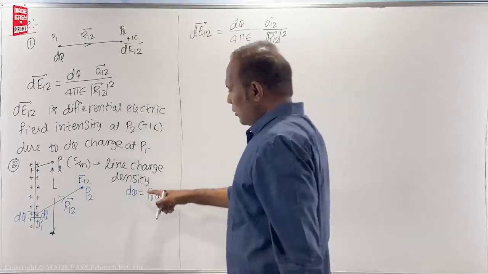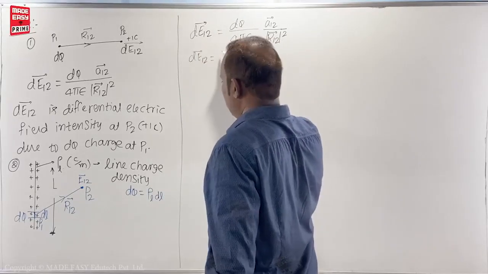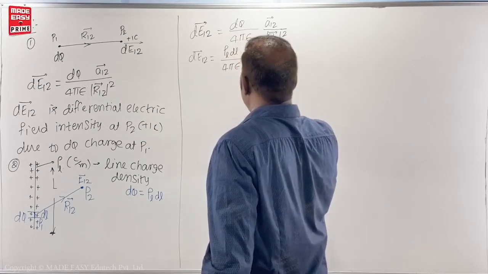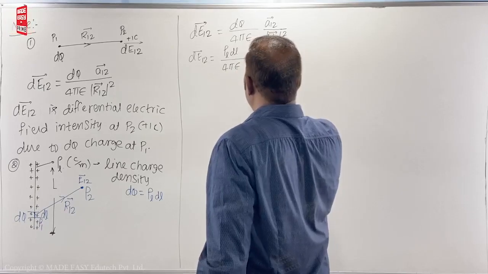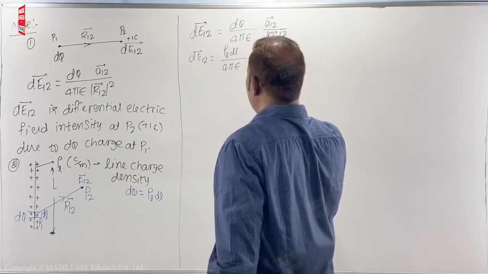Now in place of dq you have to substitute this one. So dE12 bar is equal to rho L dl divided by 4 pi epsilon, A12 bar divided by modulus of R12 whole square.